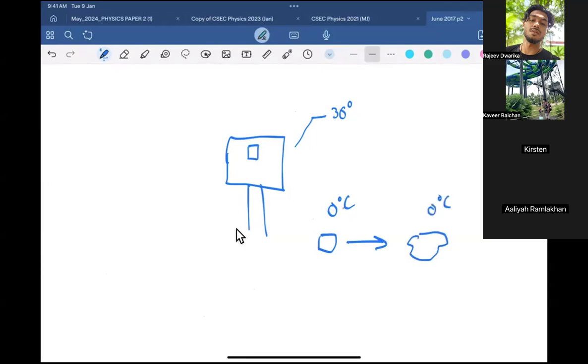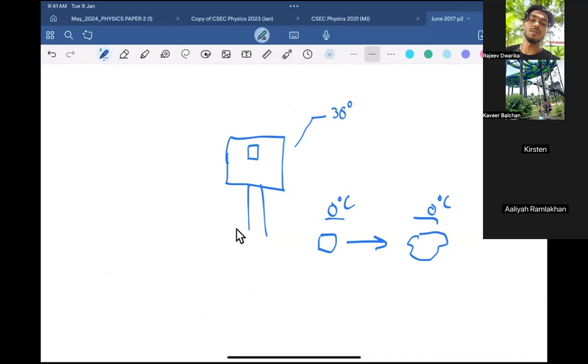Was there a change in temperature? No. There was a change in state, and we need energy to change states. The energy required to change state is the latent heat of vaporization or latent heat of fusion.